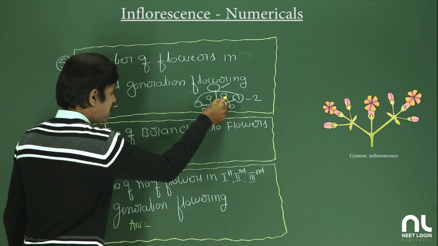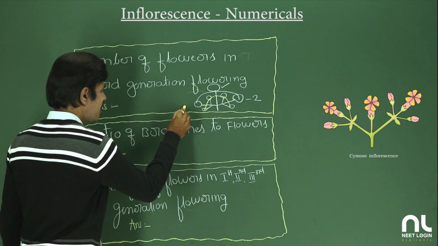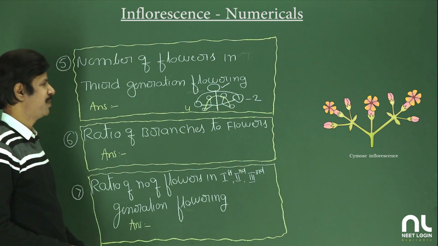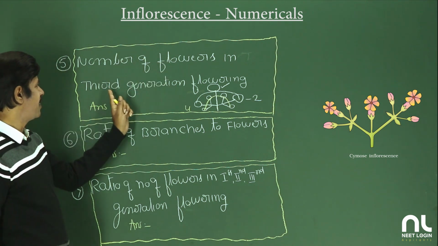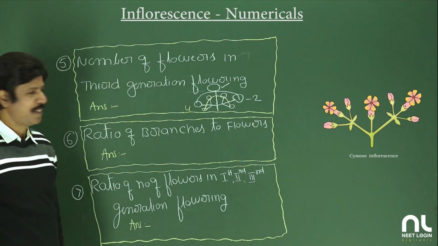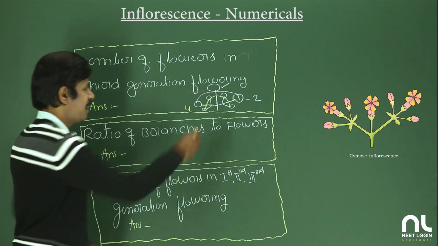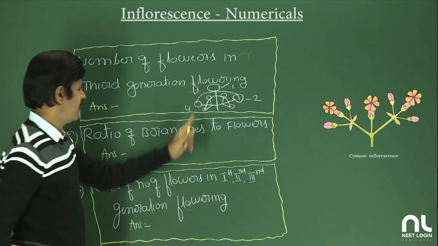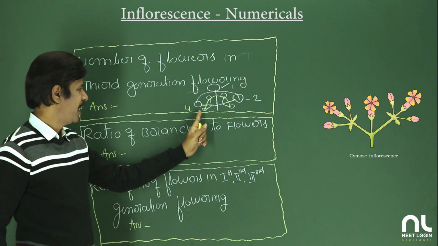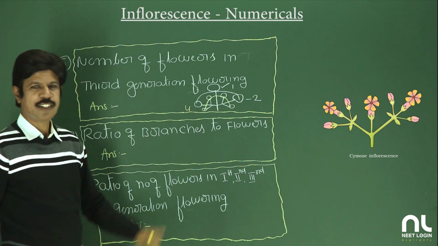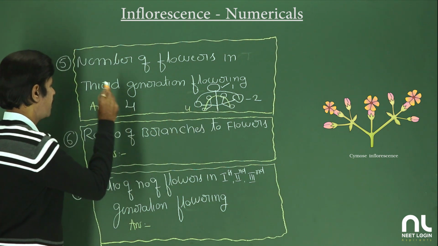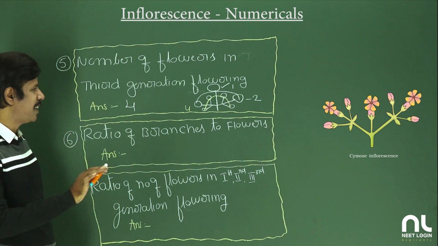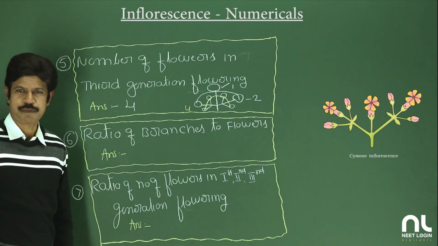In third generation flowering, it is 4 flowers. So number of flowers in third generation flowering: first generation, it is 1; second generation 2; in third generation, it is 4. So number of flowers in third generation flowering, it is 4.